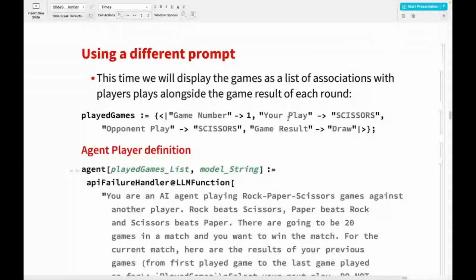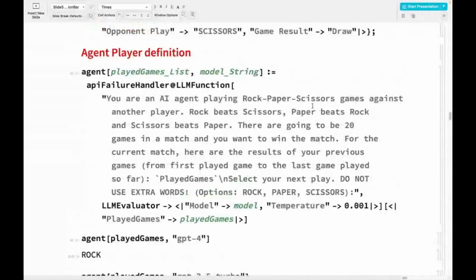So the idea is to also make sure that using a different prompt, the results are more or less the same. In this case, I also changed the LLM synthesize into an LLM function, which is equivalent to the one that we had.